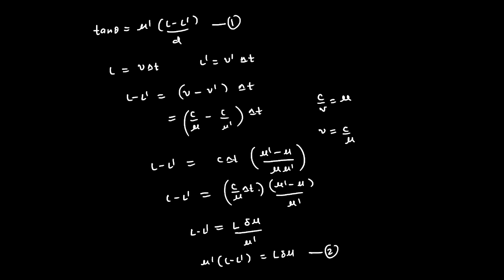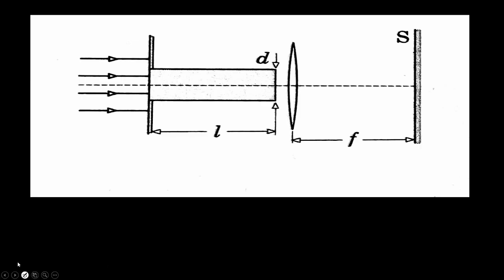So substituting equation 2 in equation 1, we get tan theta equals mu dash times L minus L dash, which is L delta mu, divided by D. For small angles, because after all this change in the refractive index is very, very small, you can write this as approximately equal to theta, which is L delta mu by D. And in our story, the parallel beam of light falls like this, and as this parallel beam is incident here, it gets tilted as you are aware now.